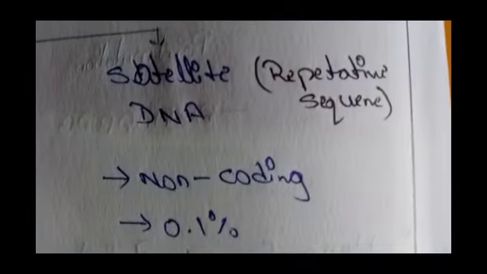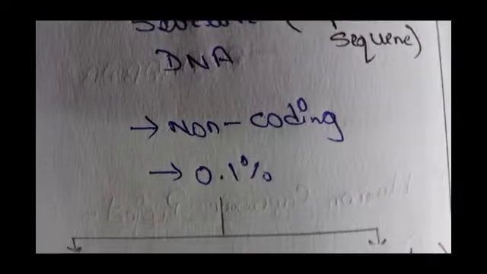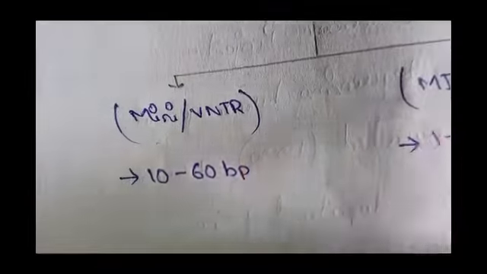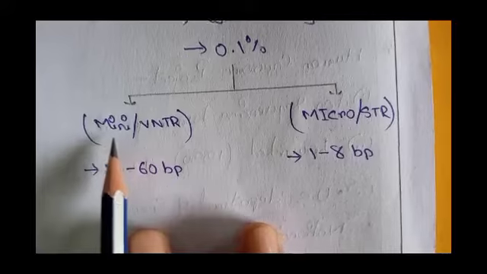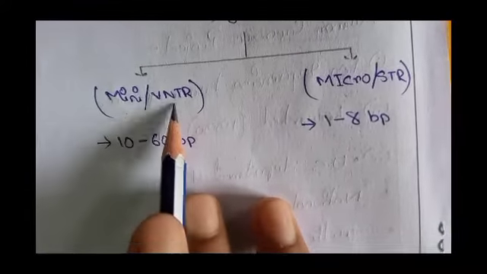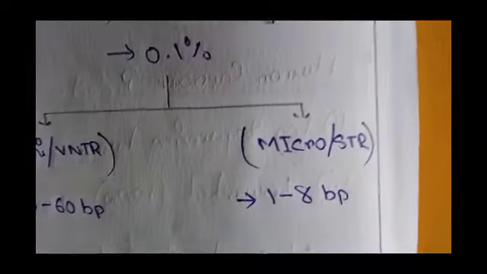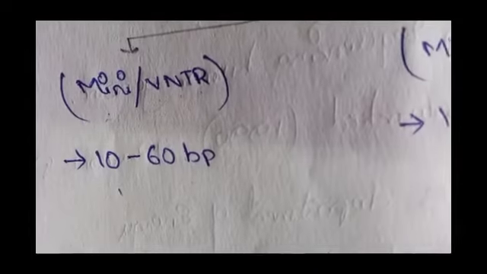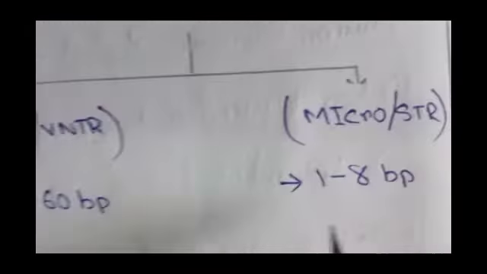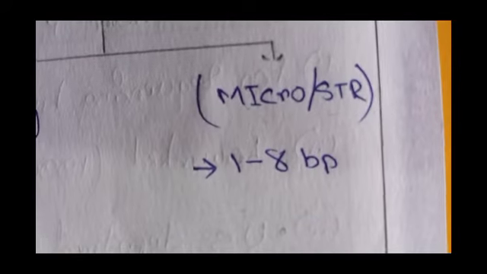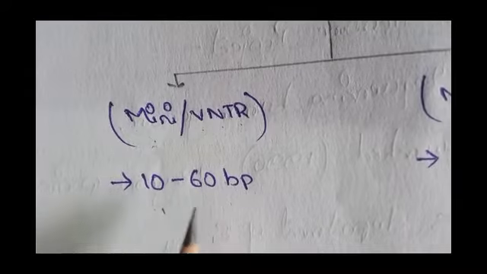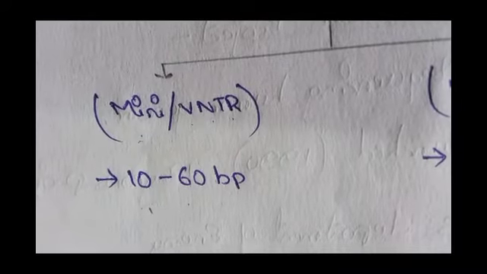It is non-coding. It is 0.1%. Okay, it has minisatellite and microsatellite. Mini is VNTR, and micro is STR. Mini has 10 to 60 base pairs in large size, and micro has 1 to 8 base pairs in small size.